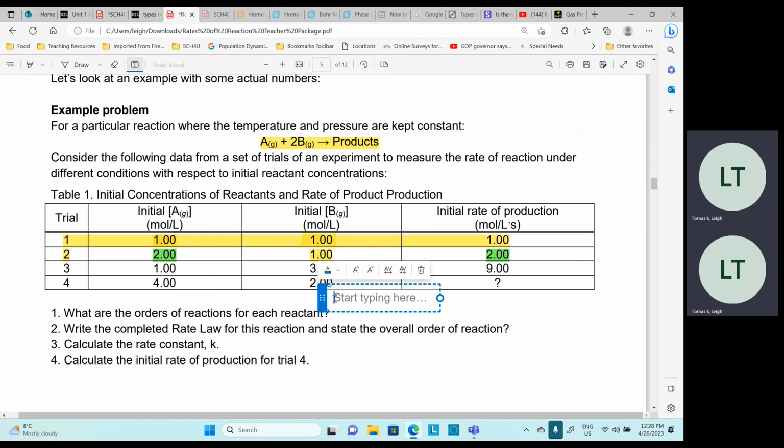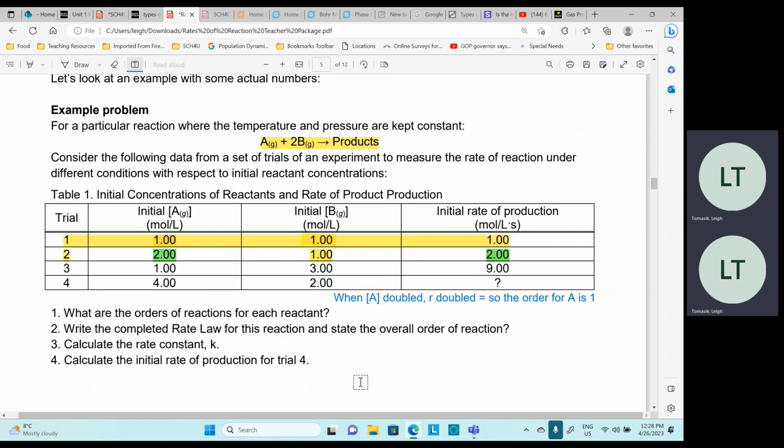So when we do concentration, we do square brackets to show concentration. When the concentration of A doubled, R doubled. So the order for A is 1.